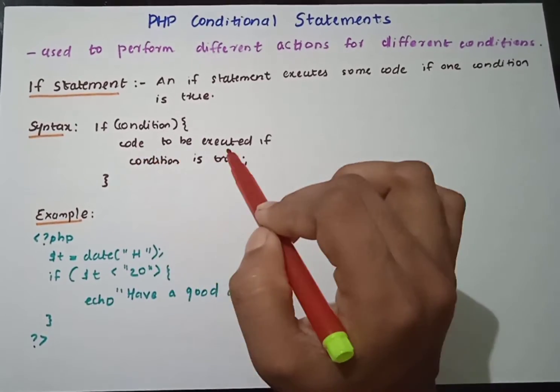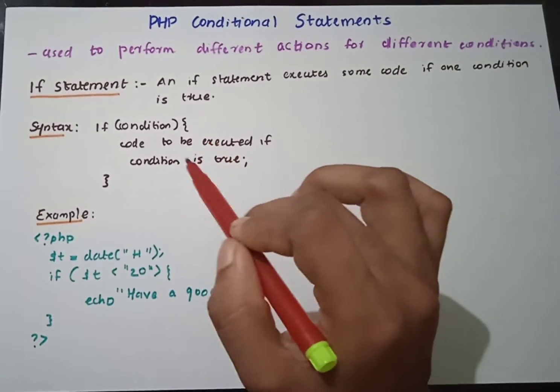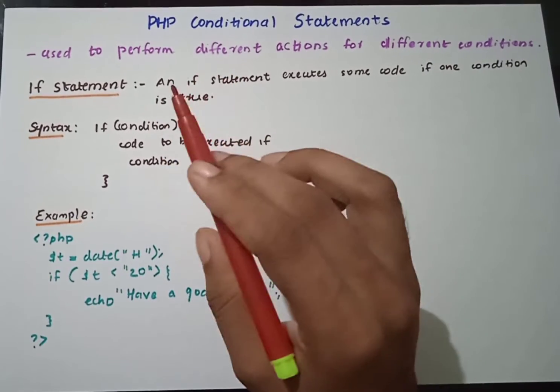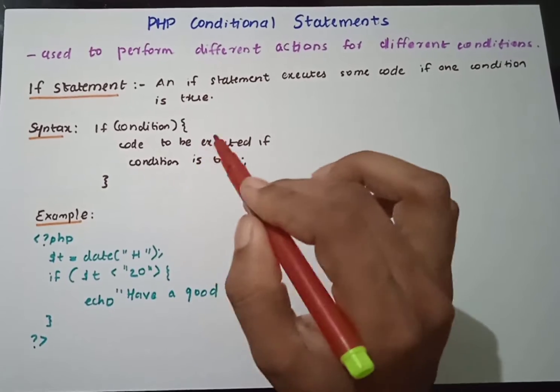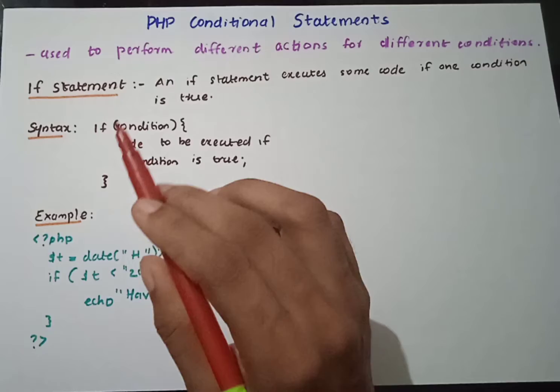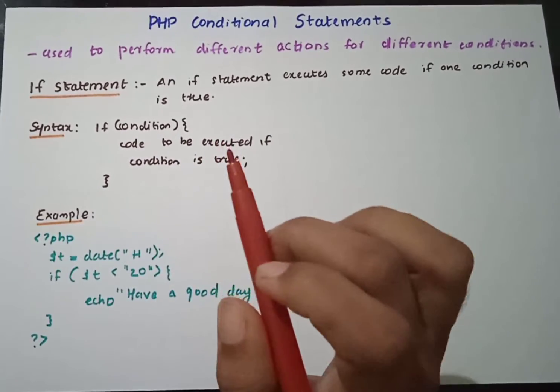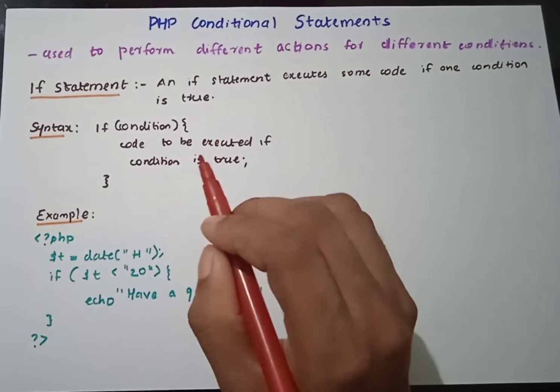So, code to be executed if the condition is true. That depends on your system and the condition, and you can use the codes inside. So the if statement is used to execute some code if only one condition is true.